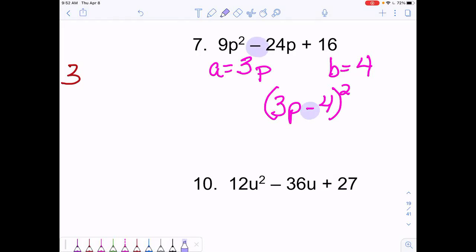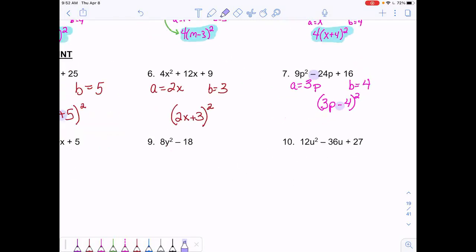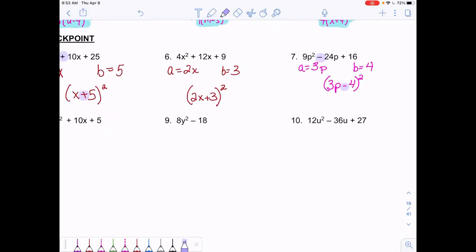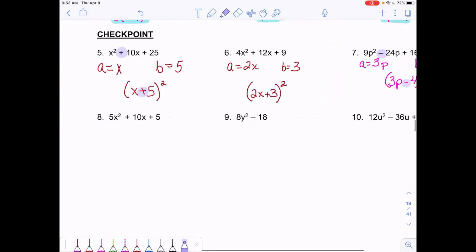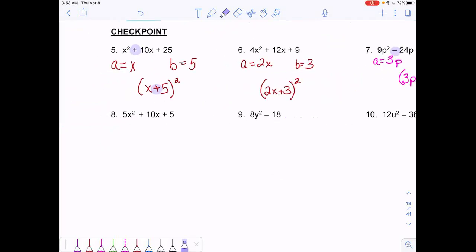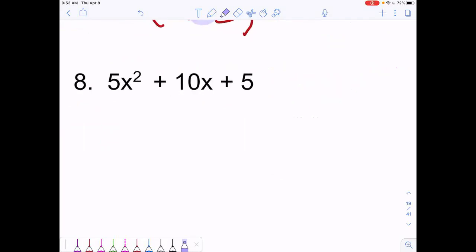So none of those had a GCF. But if we look at the next group, I see some GCFs in the next 3 problems. Number 8, 5x squared plus 10x plus 5. Nakai, what do you think 5, 10, and 5 are all divisible by? 5, yeah. So the GCF here is a 5.